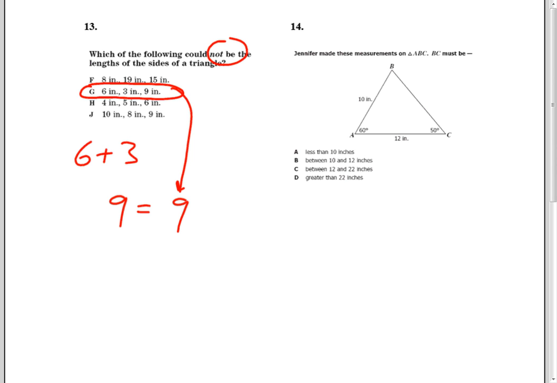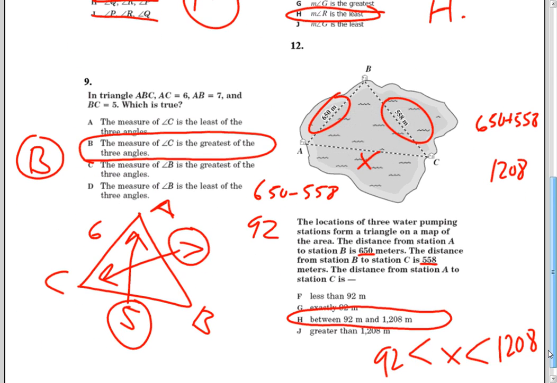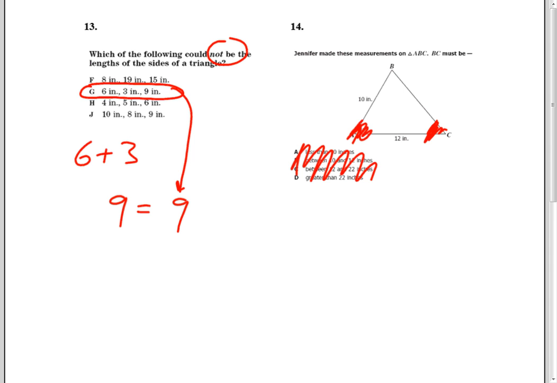14. Let's pretend that we don't have this, and we don't have this, and we don't have any of this. If it was just 10 and 12, you would do this the same exact way we did number 12. What did we do in number 12? Add and subtract. If I do that for number 14, I get 2.